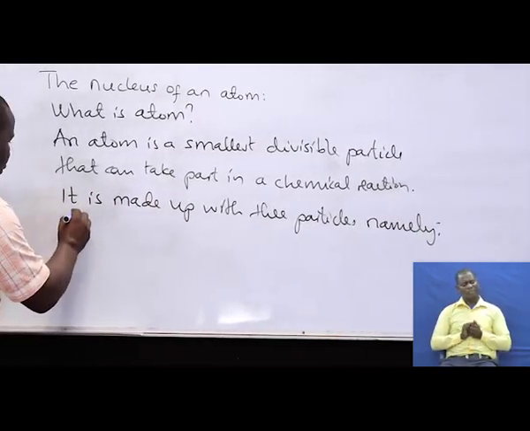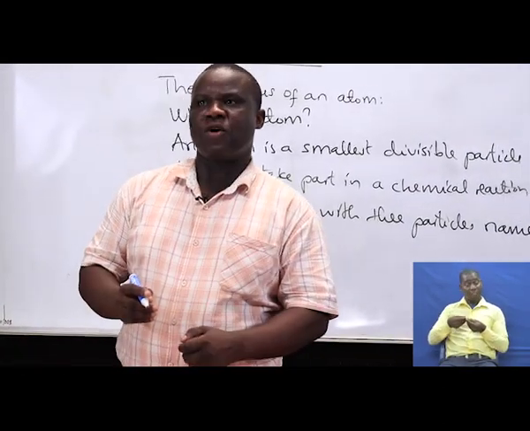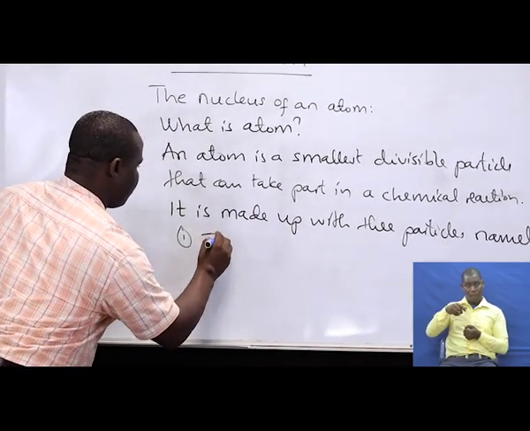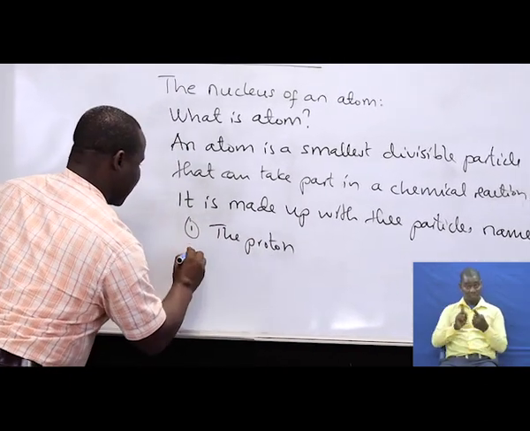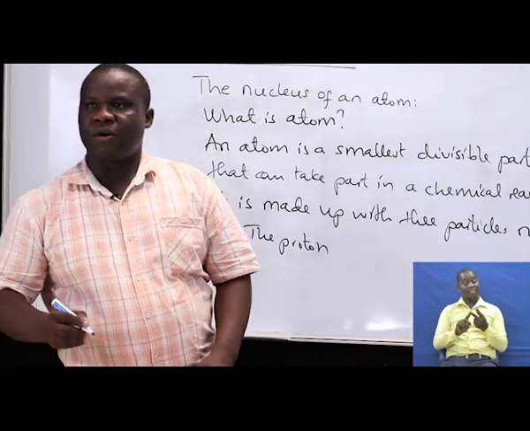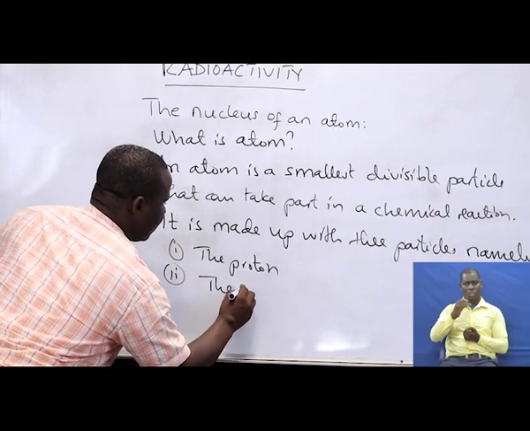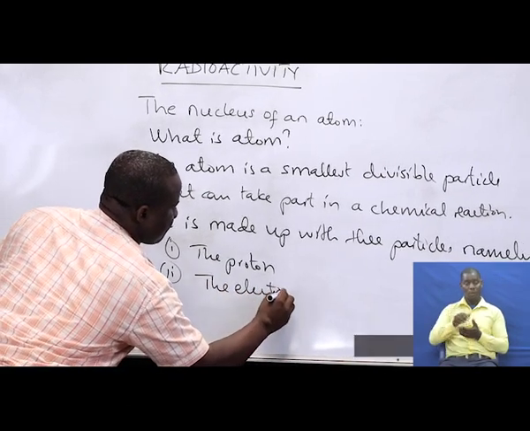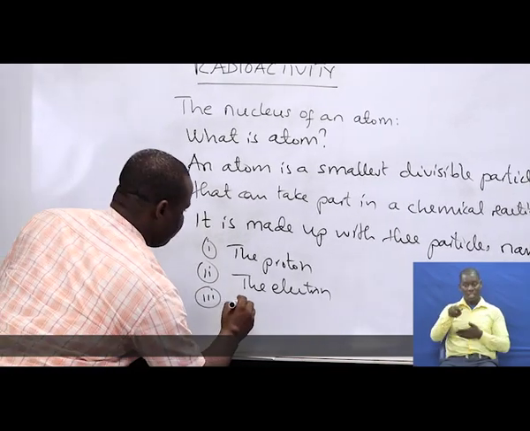The first particle which makes up an atom is known as the proton. The second particle is named the electron. And the third is named the neutron.